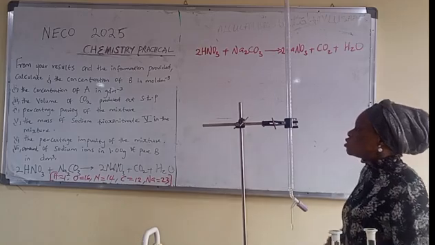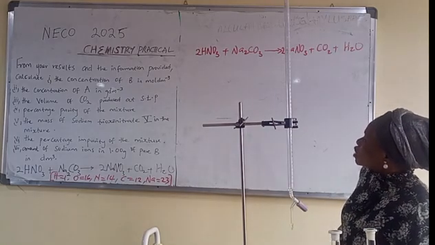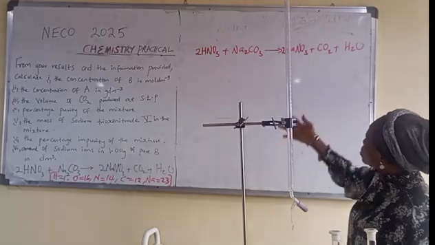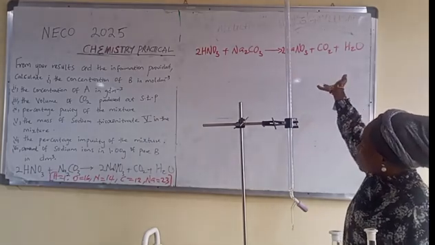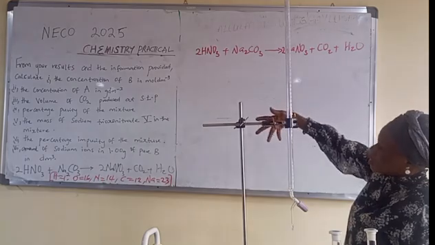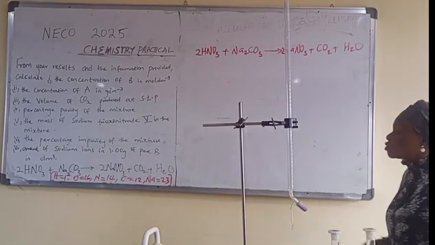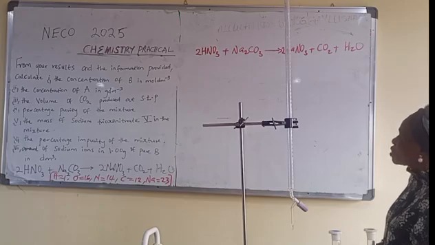So to calculate the volume of CO2 produced at STP, you need to look at the mole ratio of your acid to CO2, or your base to CO2.